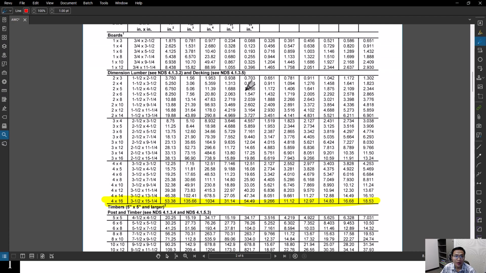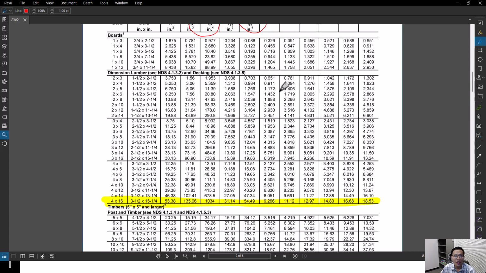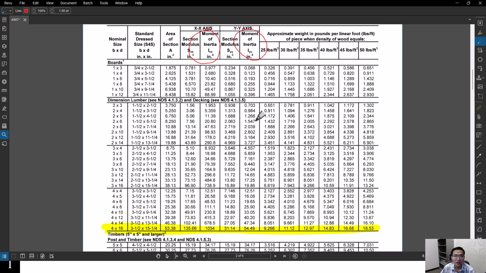And the area moment of inertia, x and y. The one we need is the weak one, which means the smaller value. For x, we have 1034, and for y, we have 5449. So this one is the one we need, 5449 inch to the power of 4.